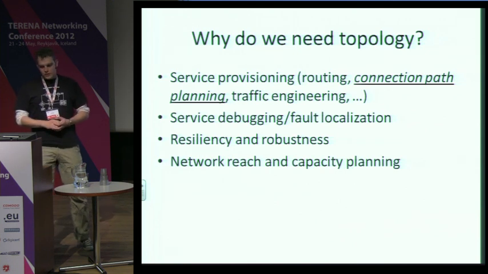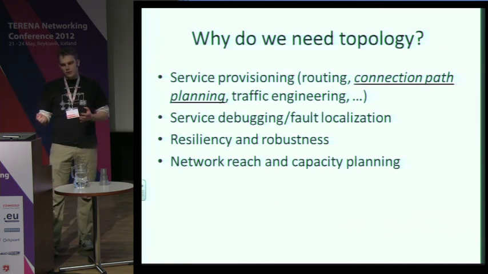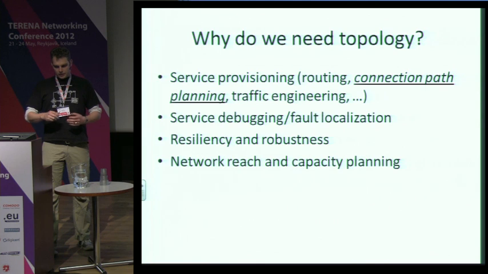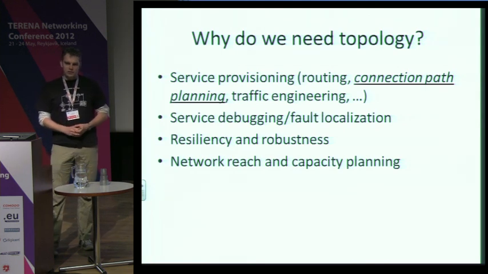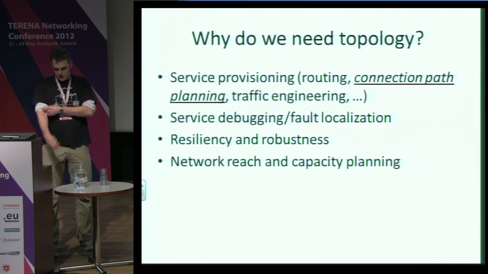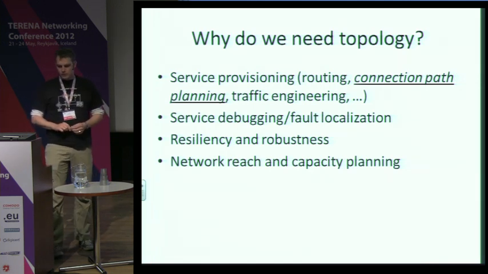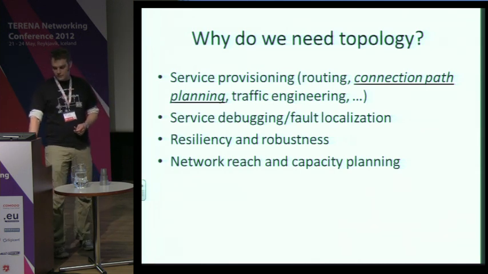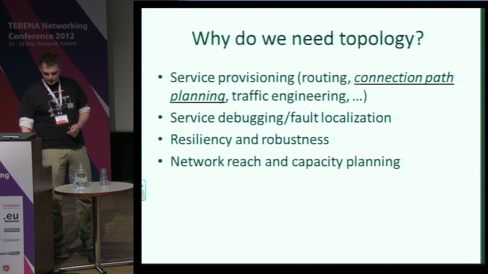So for resiliency and robustness, you need to know what other possibilities are open to you to plan alternatives to your own circuit. And as Paul already mentioned, you need to know where you can actually go with your network, and what the capacity is that can get you there.